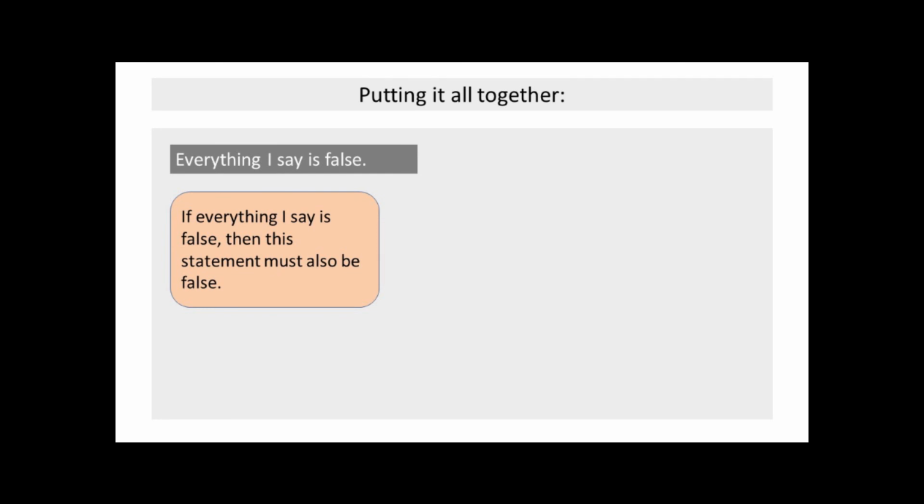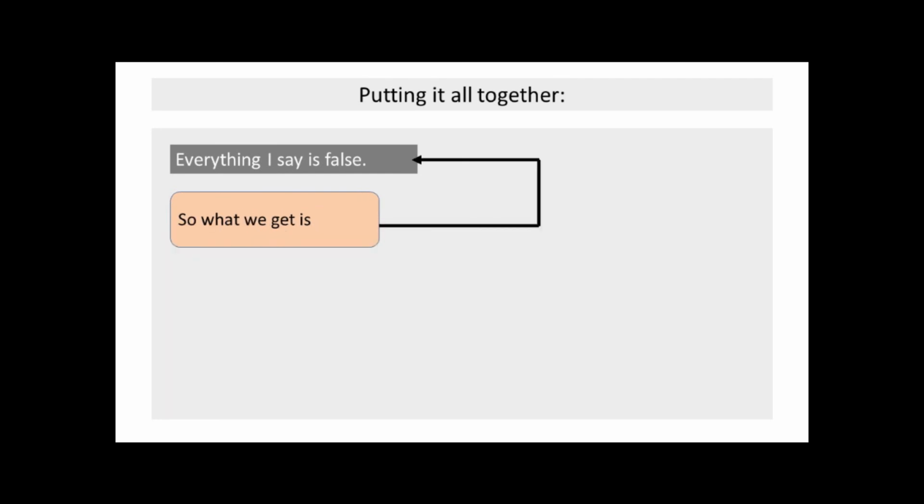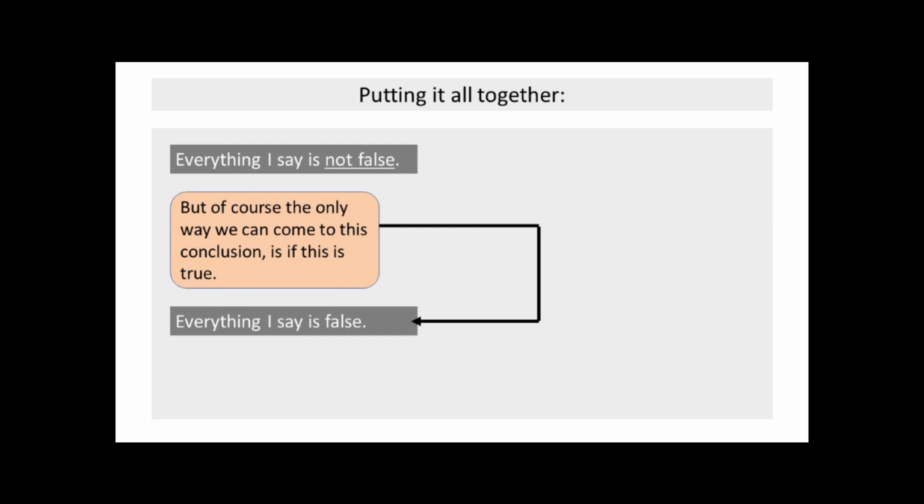Putting it all together, again, everything I say is false. If everything I say is false, then this statement must also be false. So what we get is, everything I say is false is not false. But of course, the only way we can come to this conclusion is if this is true.